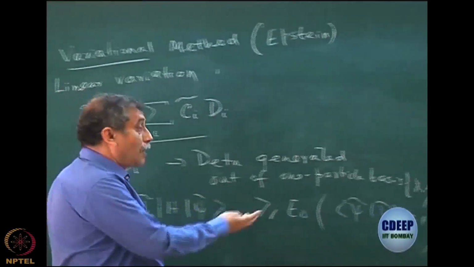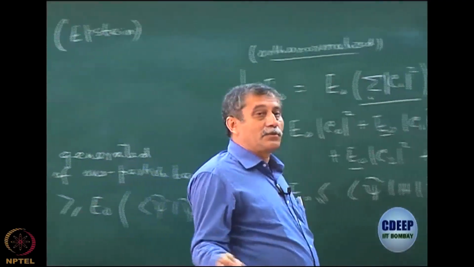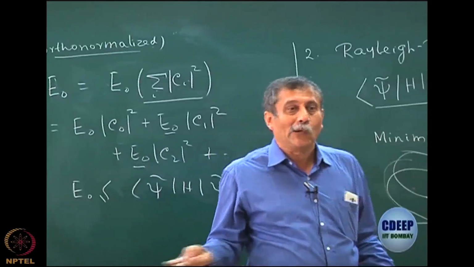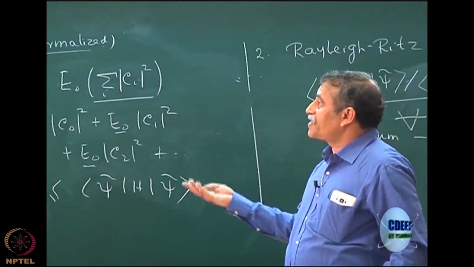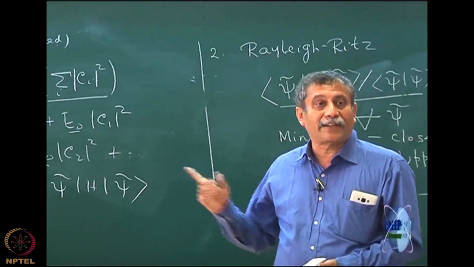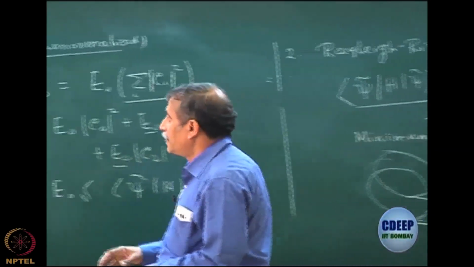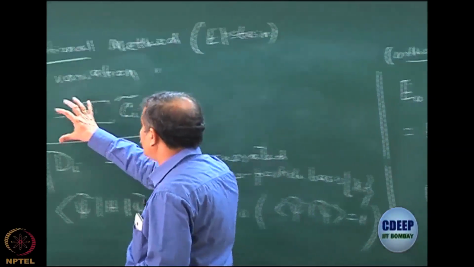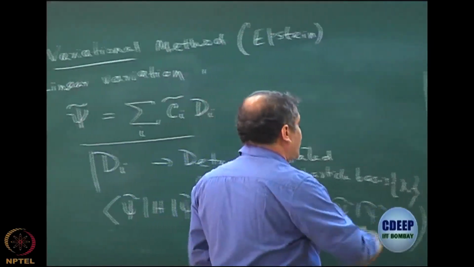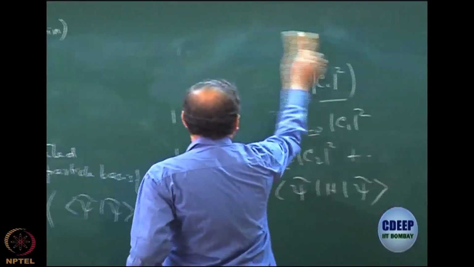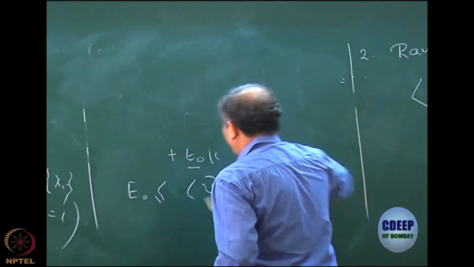Why am I talking of linear variation then, if it is just to highlight theorem 1 and 2? No, there are certain more interesting results that we may get when we have a variation involving such a linear combination of basis, and that is what I will first state.